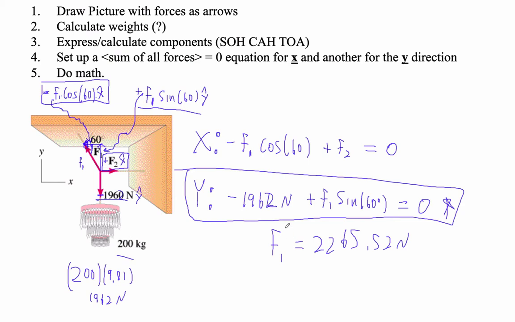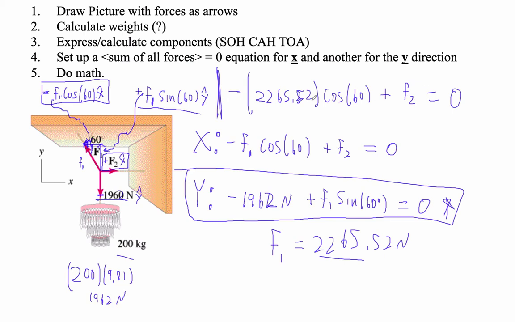So this is the first time we have to actually plug it in. Let's take the x equation, and I can plug that number into here. So I get the opposite of not F1, but this number, times cos 60, plus F2 is 0.